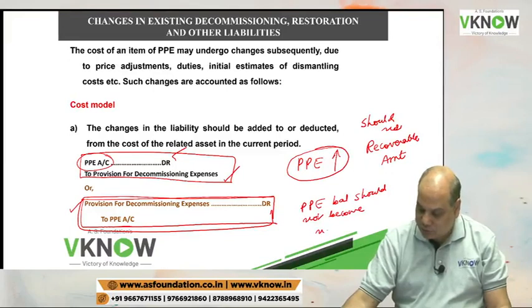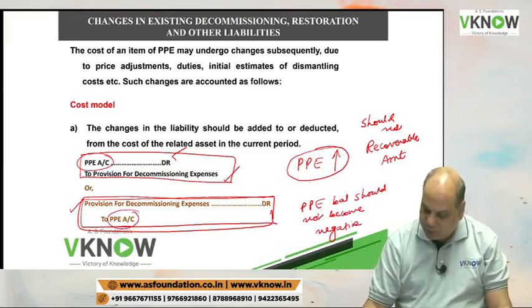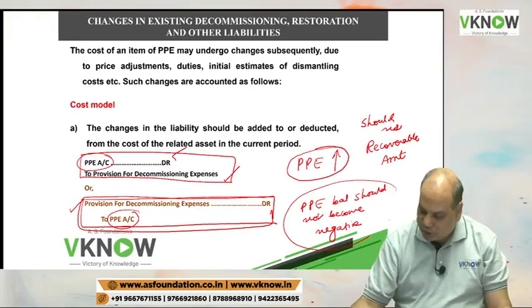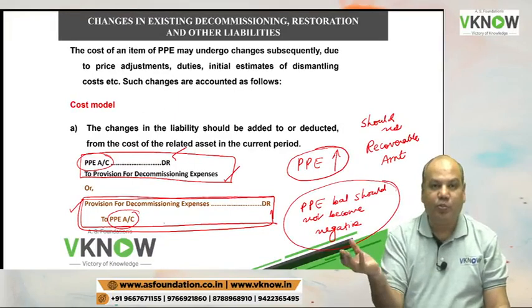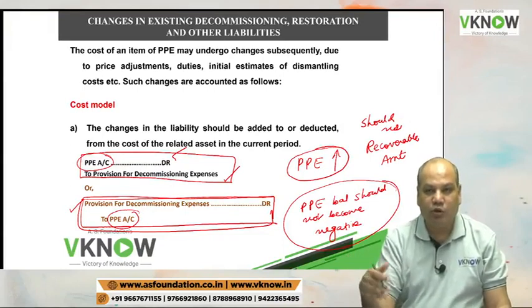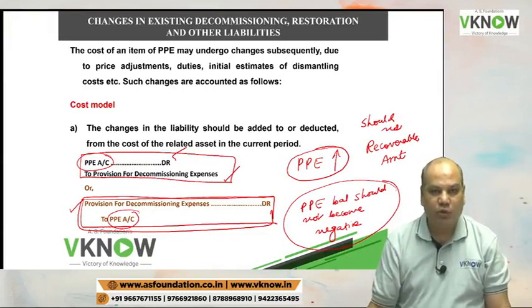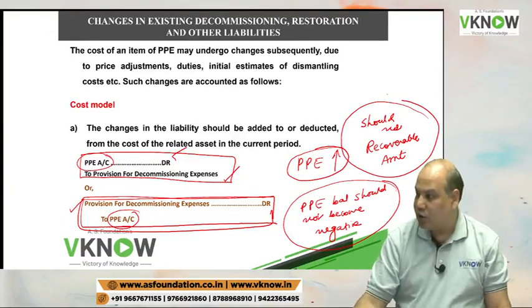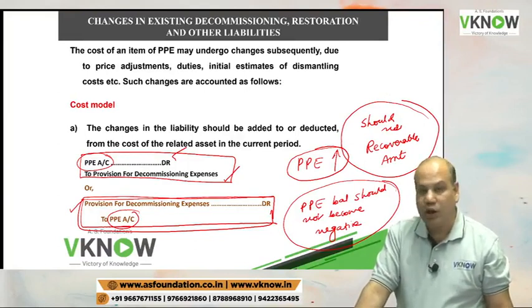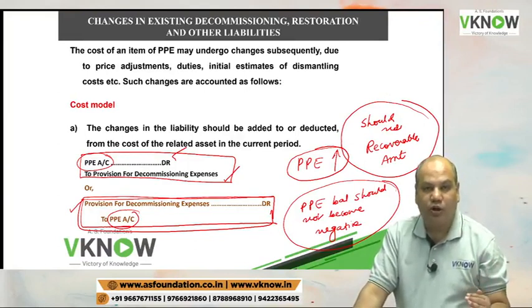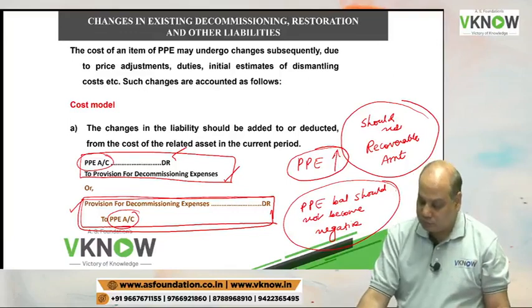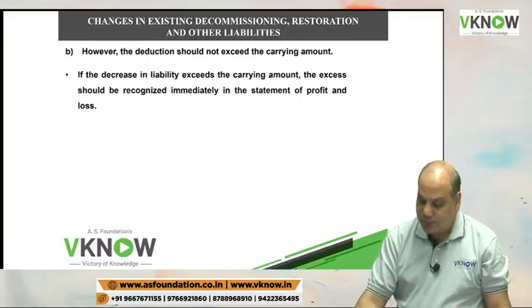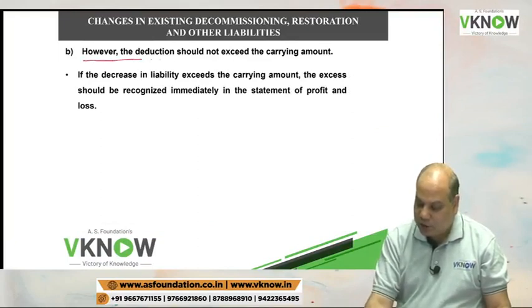You are crediting the PPE account, so it should not become negative, because if the balance left in the PPE account is 20,000 and you credit it by 1 lakh, there will be a negative balance. So in both cases, if the value has to increase, it should not exceed the recoverable amount, and if the value has to decrease, it should not become negative. So the standard says, however, the deduction should not exceed the carrying amount.